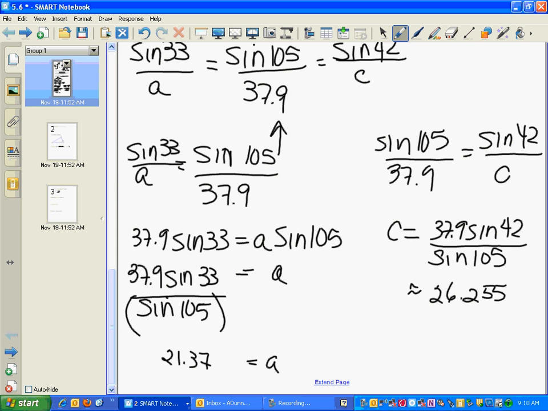Agreeable? Okay. Pretty easy? Okay. All right, you try the next one all on your own. Set up your triangles. Put all the pieces of information onto your triangle. Solve for all the missing parts.